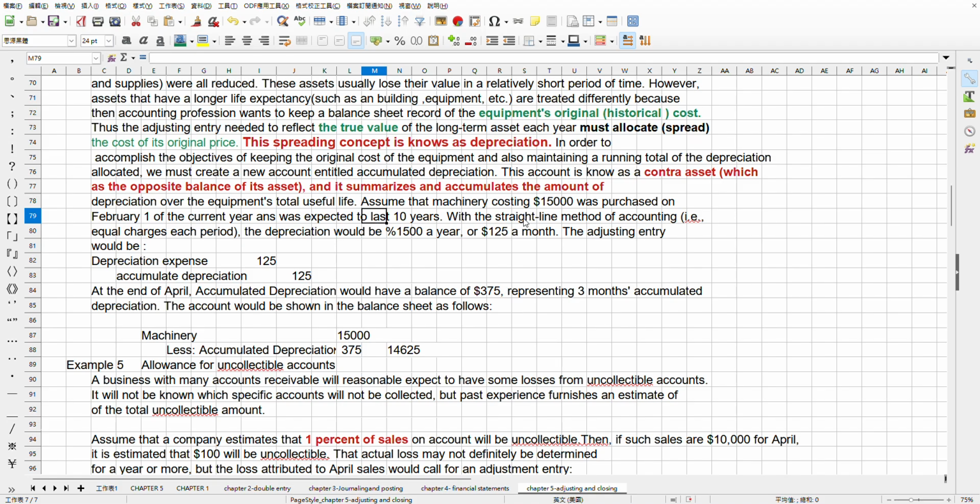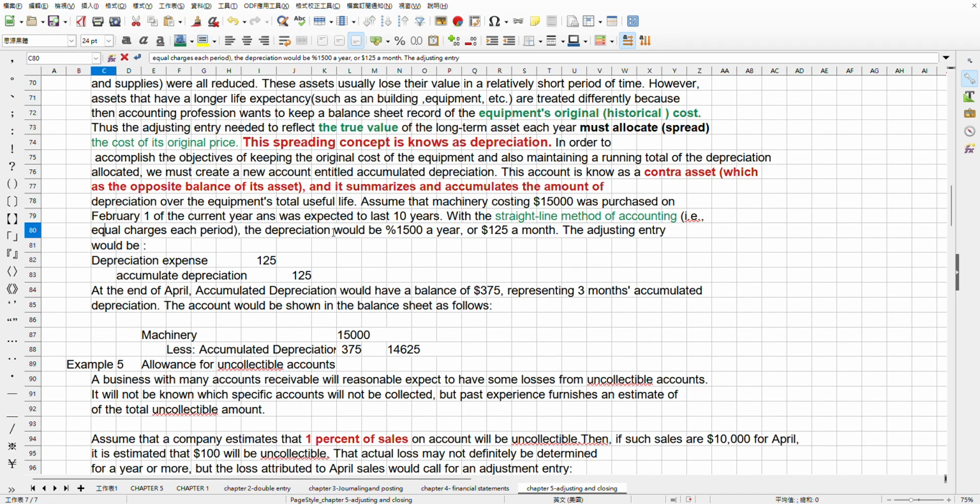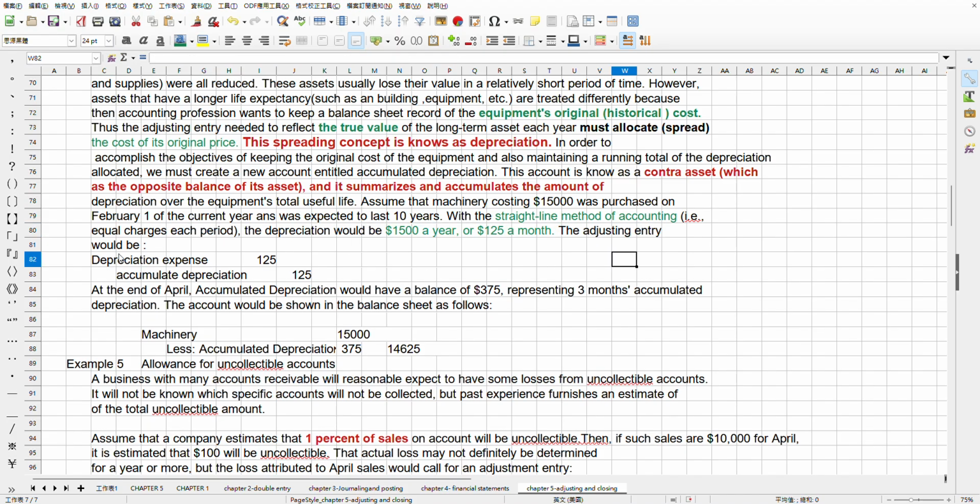With the straight line method of accounting, an equal charge, the depreciation will be 1,500 a year, or $125 a month. The adjusting entry will be debit depreciation expense, credit accumulated depreciation.